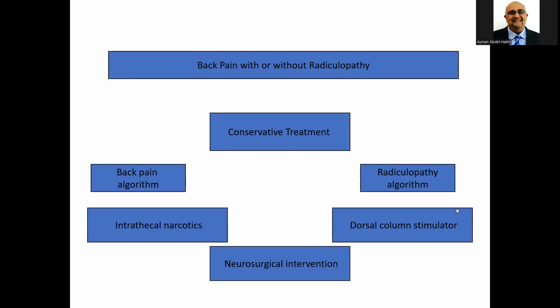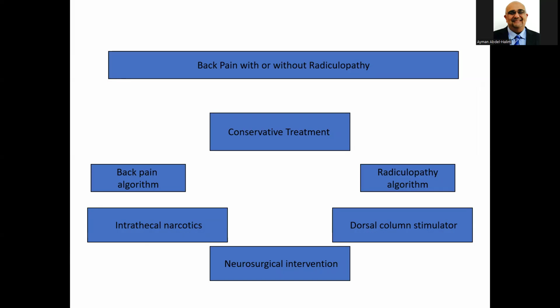And to start this understanding of the algorithm, you start with conservative treatment, all right? Whether you have back pain with or without radiculopathy. And then you start to think about back pain algorithm versus radiculopathy algorithm. Is the pain in the lower back or is it in the leg?